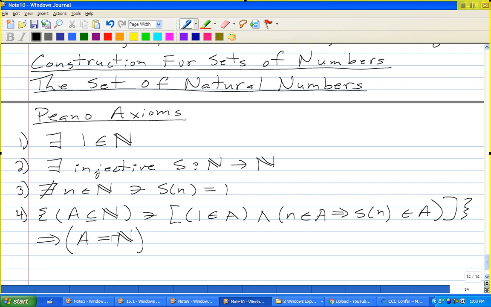Now, of course, this is a little bit more primitive than the version of mathematical induction that I gave you, so maybe I'll state here, this is the principle of mathematical induction. It's more primitive because we're really just looking at sets. This says there is a natural number 1.